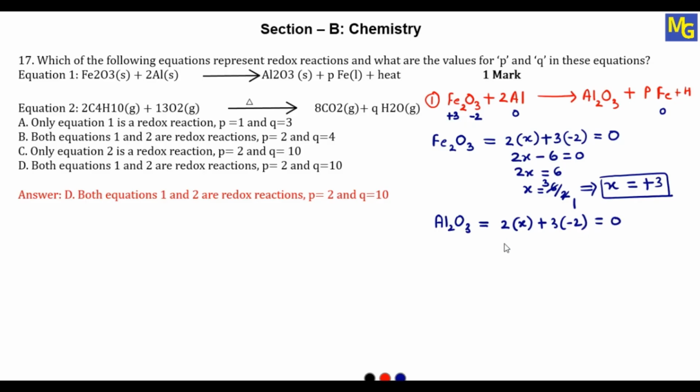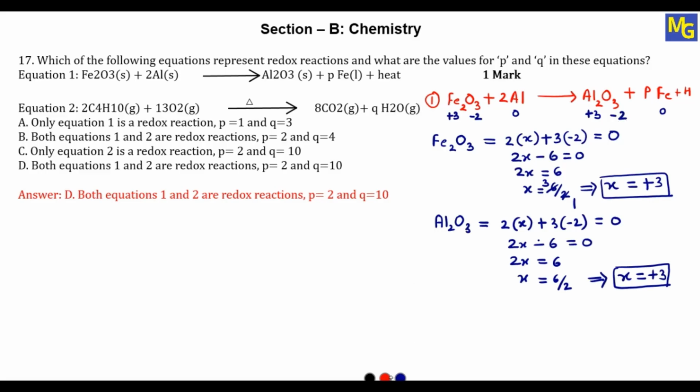So 2x minus 6 is equal to 0. I hope you're understanding. 2x minus 6, we will shift that side. x is equal to, we are going to get the same answer, that is x is equal to plus 3. So this is the oxidation state of aluminium. So I'll write it here plus 3, and for oxygen it is minus 2, so I'll write it here minus 2.